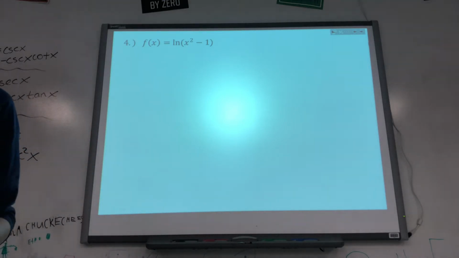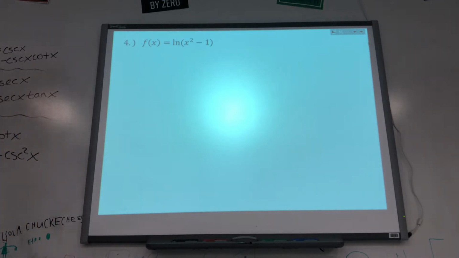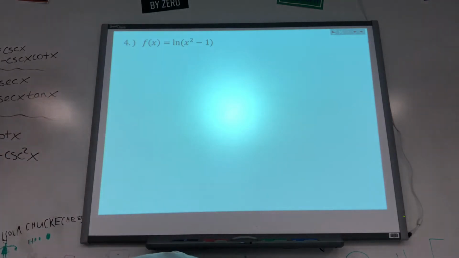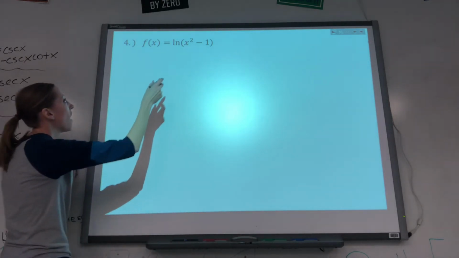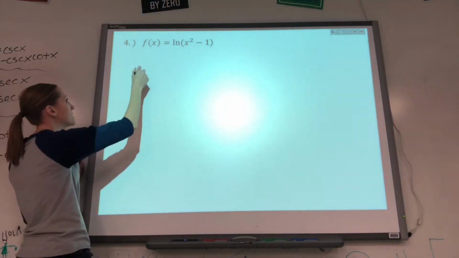Number 4, f of x equals natural log of x squared minus 1. It's the natural log of something other than x. It's x squared minus 1.